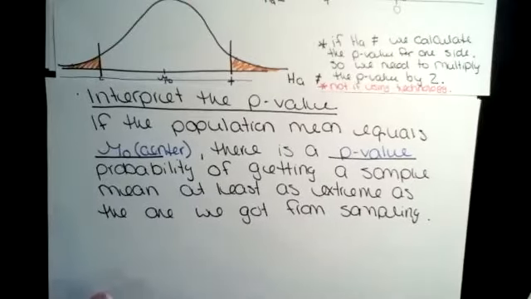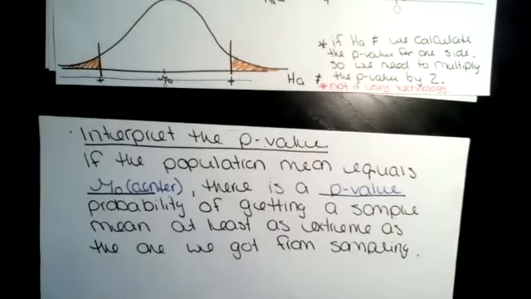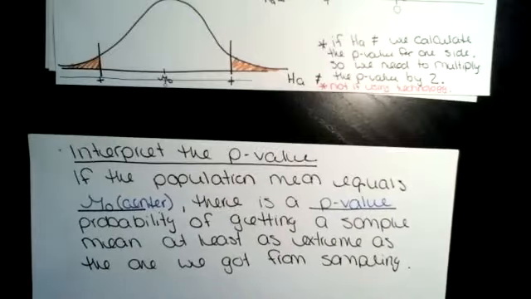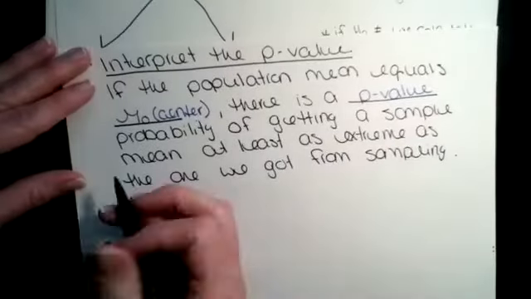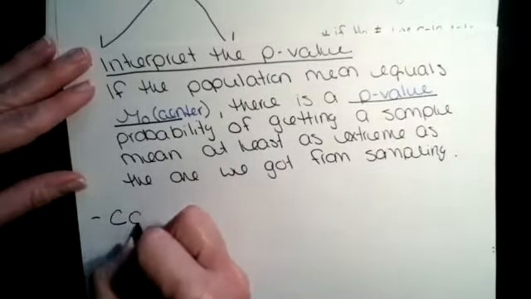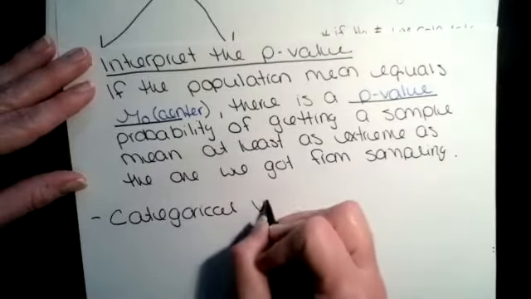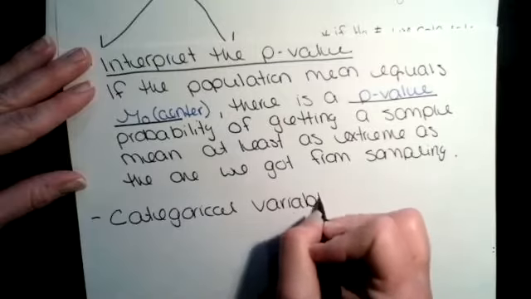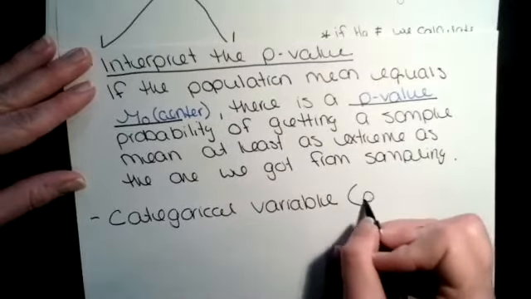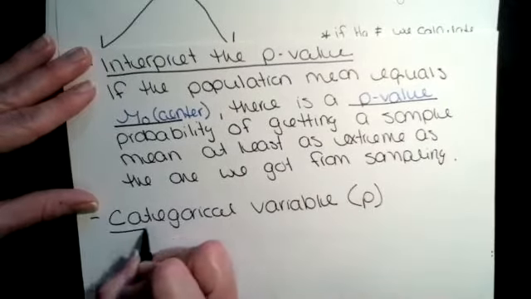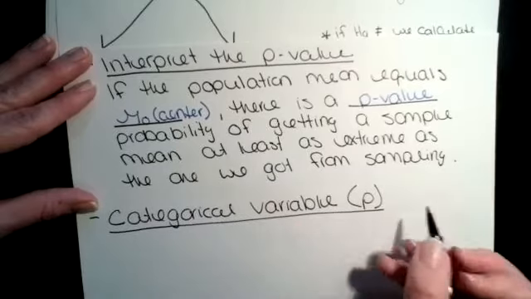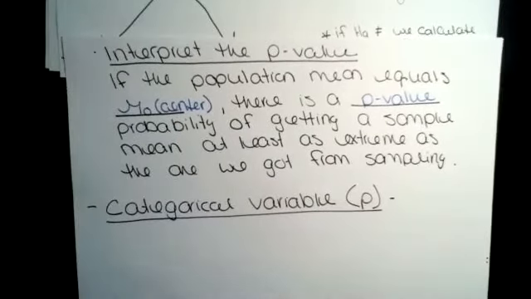So let's take a look at the categorical. It will go a bit faster because I don't have to write everything all out again. It's really the same thing. So we look at our categorical variable. Remember, this is when I'm studying p, proportions. So here we are on the z-curve.